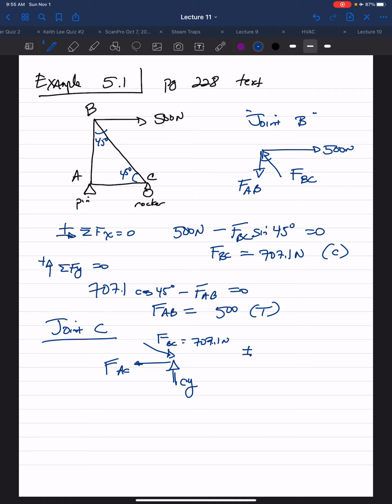So if we take our forces in the x direction equals 0, we have FBC, which is 707.1 times cosine of 45 degrees minus FAC equals 0.